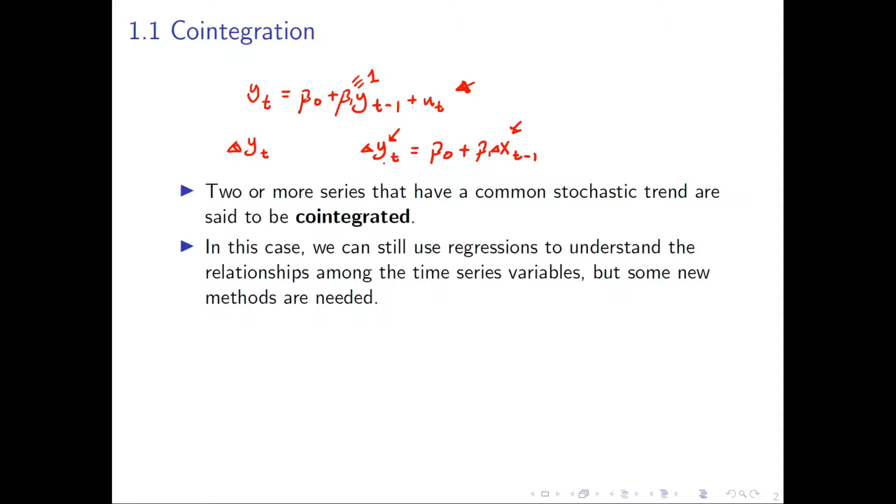But what if both y and x, they have a common stochastic trend? And this would then look like something like this.